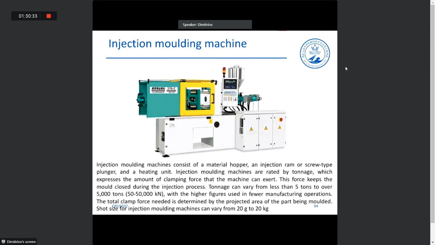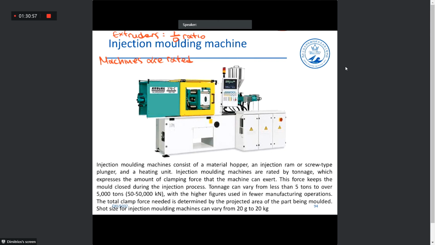And what does tonnage mean? It means the amount of clamping force, okay? What is the force that we put in order to make the polymer travel throughout the injection molder towards the mold, okay? This is the force that is applied from the injection molder in order to make the material fill the mold, that is the tonnage, okay?